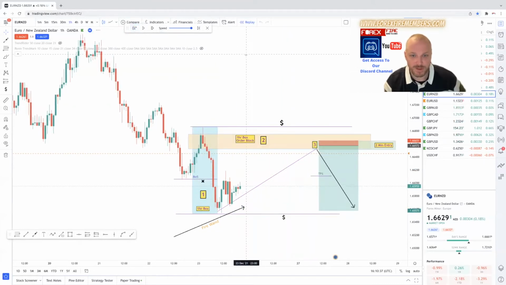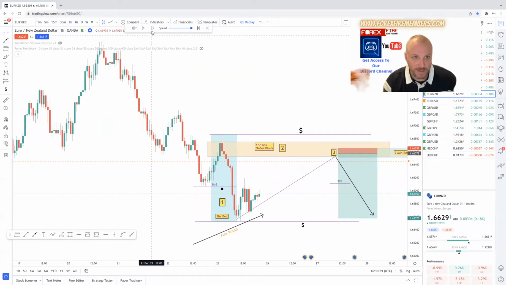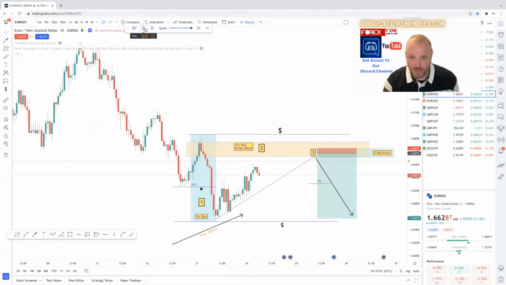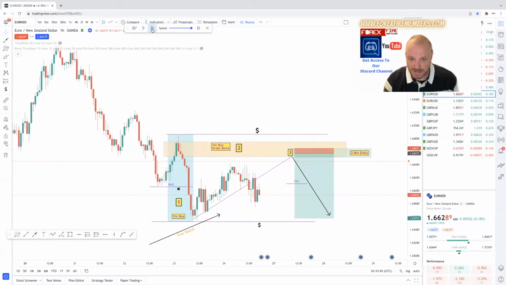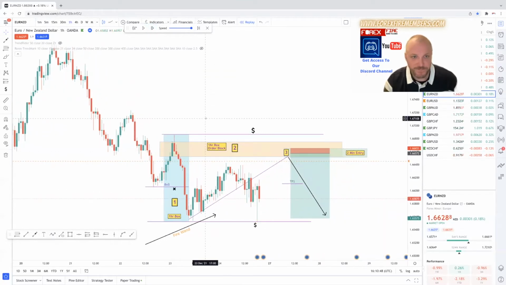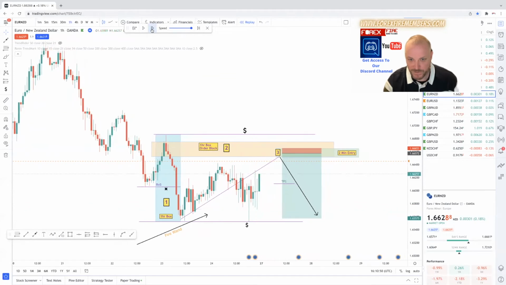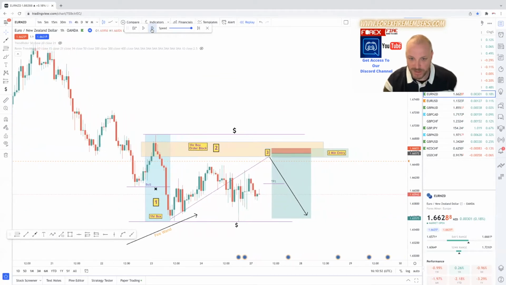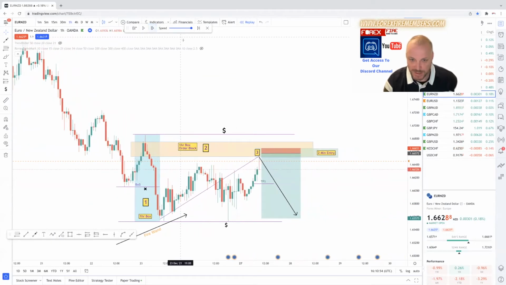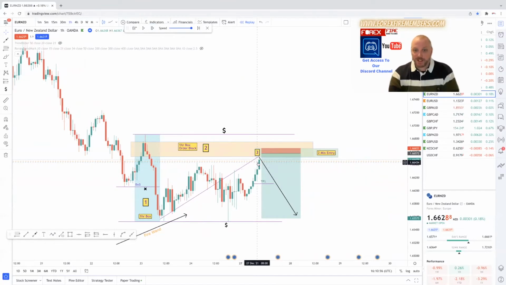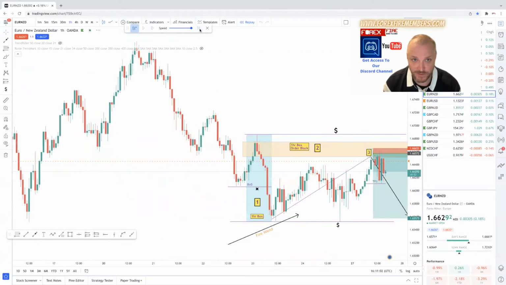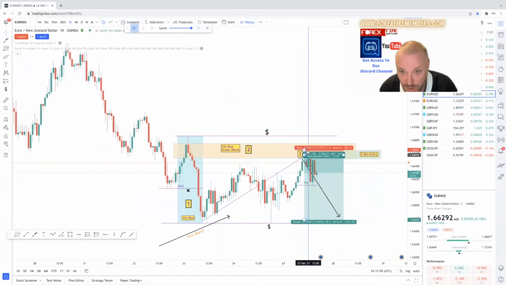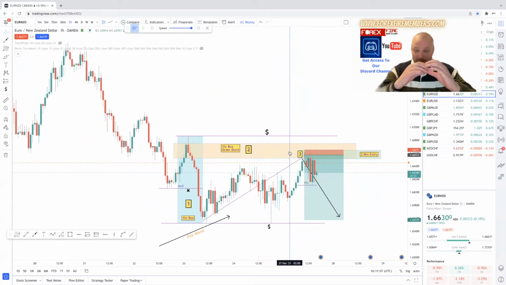As price is driving up and we've got the alarm set here, as it comes up and the price bounces and touches into here, you'll get an alert telling you to come and have a look at the trade. This will give you time to get in and look from the aspect of box number 2.